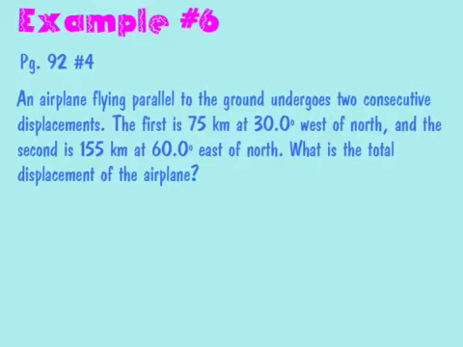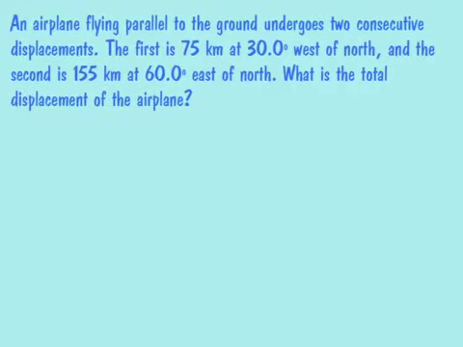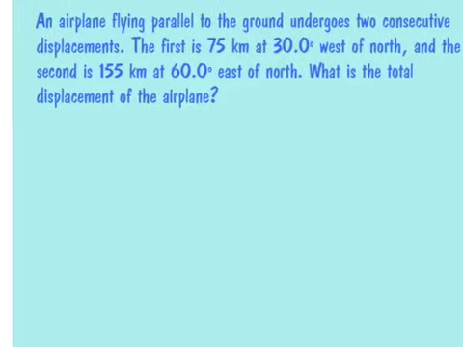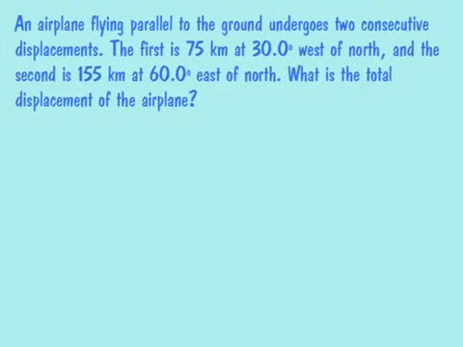In this example, we have an airplane that flies 2 different displacements, and we want to know the total displacement of the airplane. As with any vector problem, we'll start off by drawing a diagram. So my first displacement is 75 kilometers, 30 degrees west of north. So starting off, it's often useful to draw that xy axis to begin with.